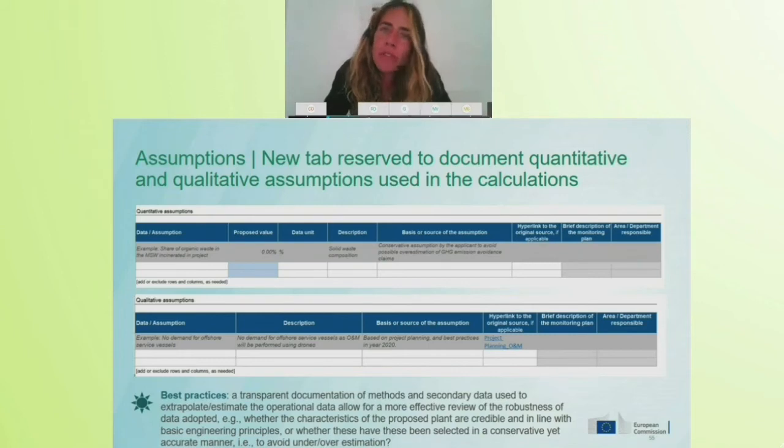So to ensure a more efficient evaluation, we have created a separate tab that you shall use to document quantitative and qualitative assumptions used to project consumption, production, or whichever primary or secondary data you're using. Next slide.